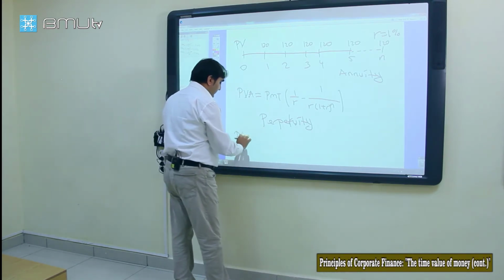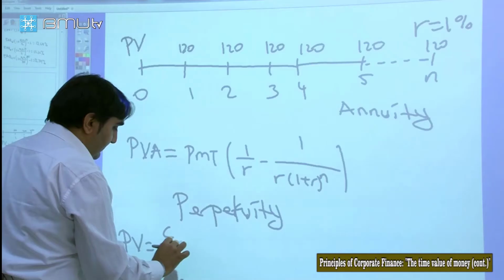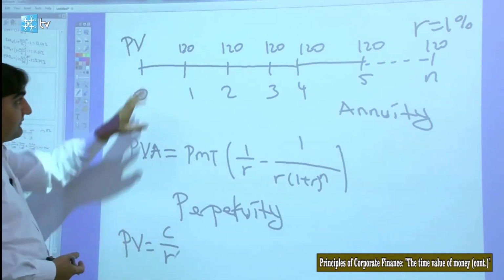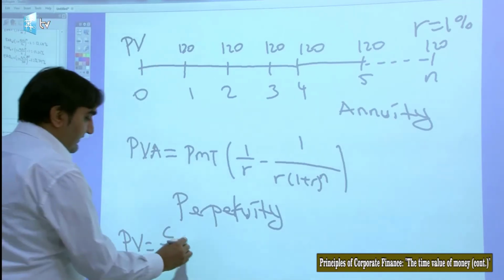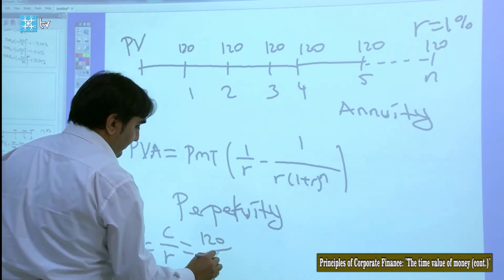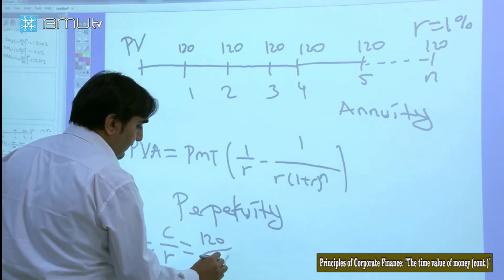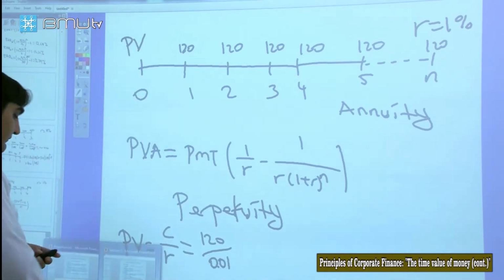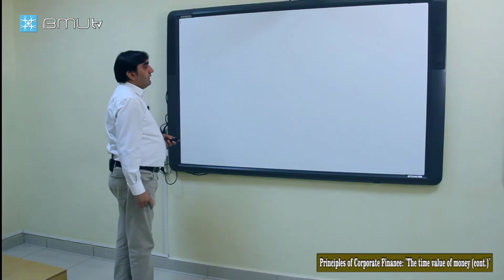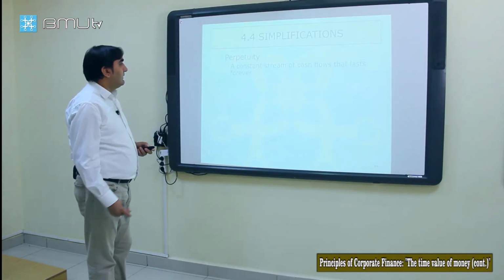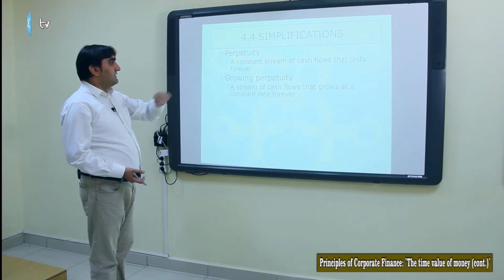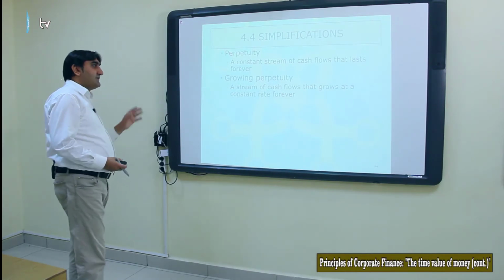Present value of perpetuity is very simple to calculate. That's 100 divided by rate. As I said, it's a constant stream of cash flows that lasts forever.